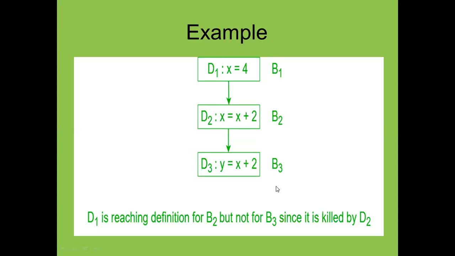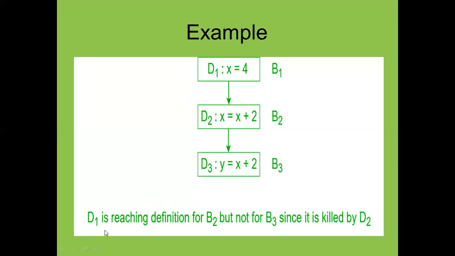Now come to B3. Here the scene is different. Here this is the new variable Y, and you are going to assign X plus 2. This is the same expression X plus 2, and you are assigning it to Y. Even though, this Y you have not used earlier, so this is a new variable.